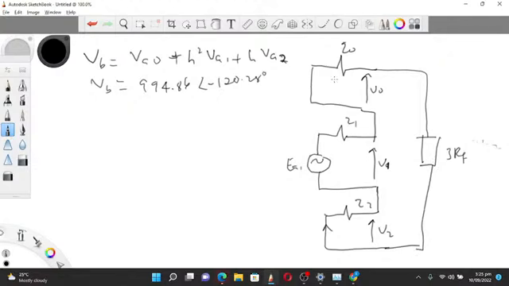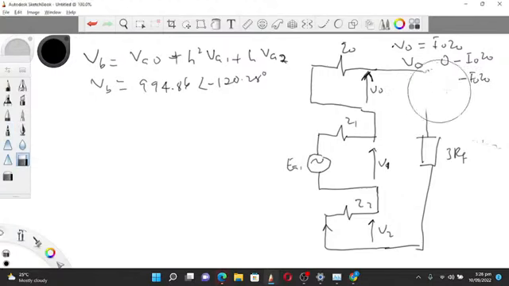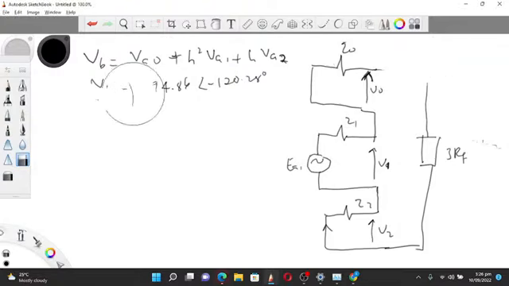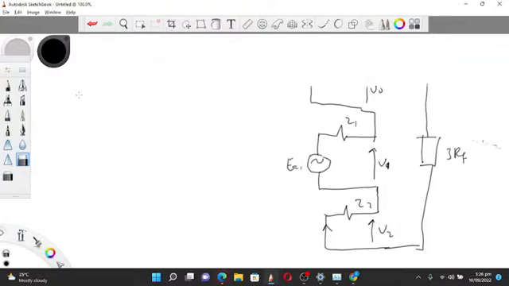So if you want V0, V0 is I0 Z0. But if you want the overall, it is 0 minus I0 Z0. That's why you get negative I0 Z0. So you get your expression from here, and yeah, that's it. Okay, so that's it for single line to ground.